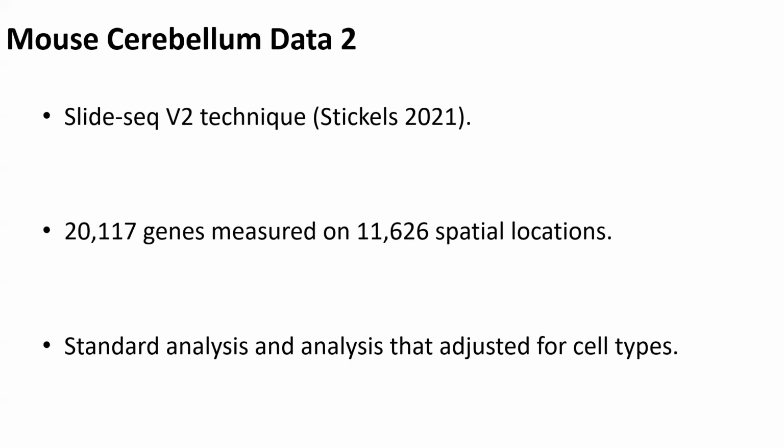So with this type of analysis, one unique feature of SPARK-X is that because it's so scalable, it allows you to quickly run additional analyses that can help you answer additional important scientific questions.